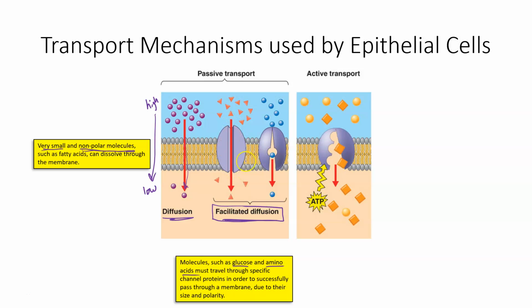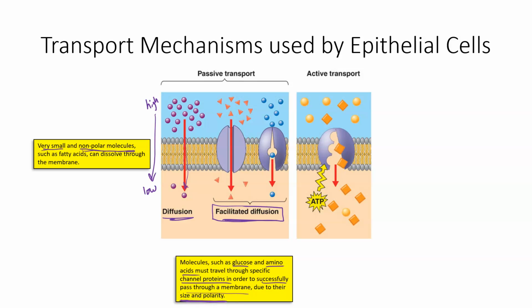They must travel a specifically designed channel in order to get across the membrane. So, things like glucose and amino acids have to travel through a specific channel protein or a particular carrier protein in order to successfully pass through the membrane due to a lot of times their size or polarity.